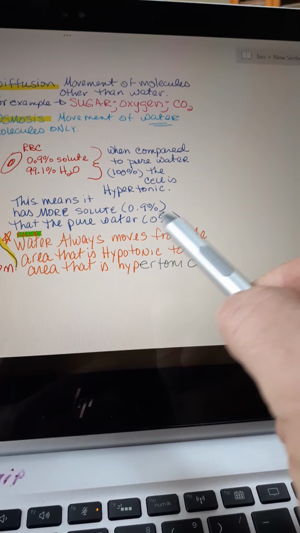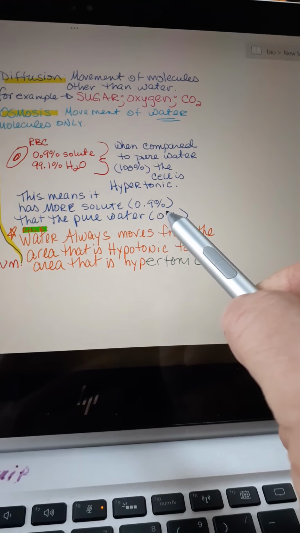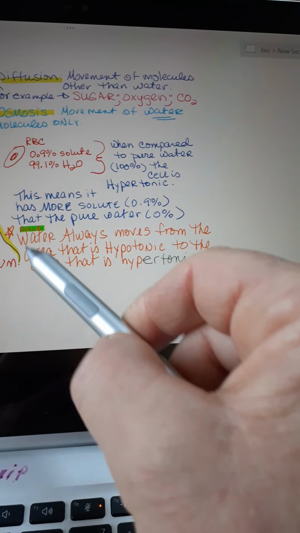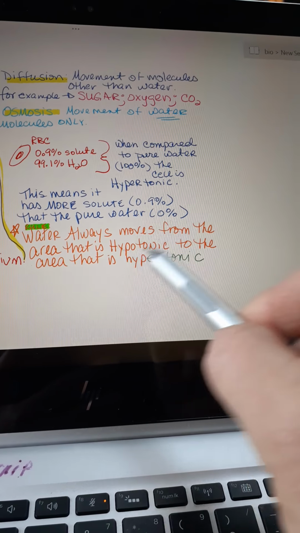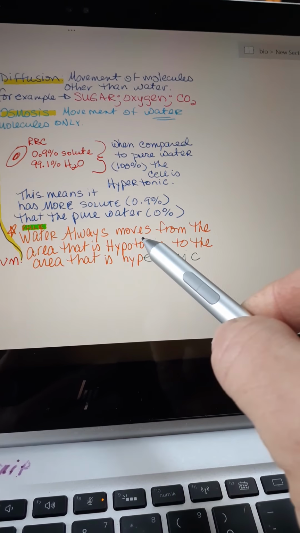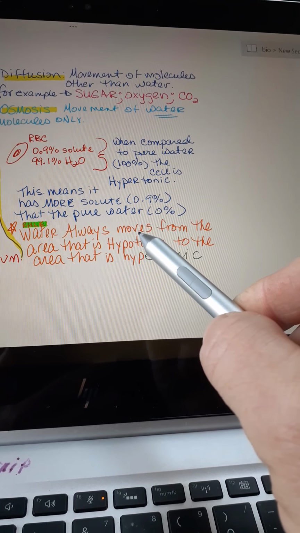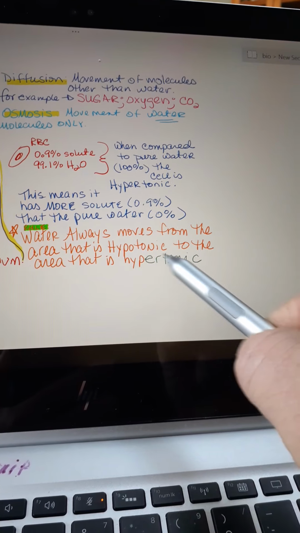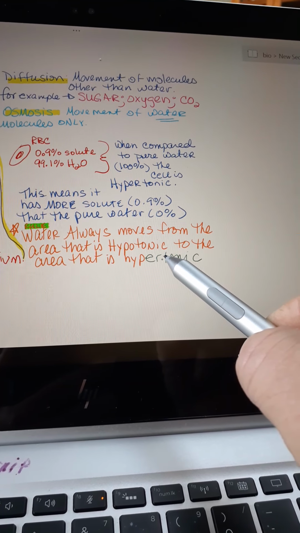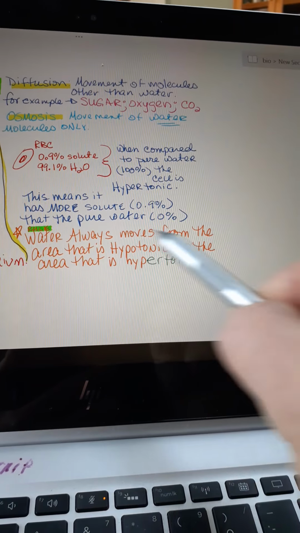Solutes are other dissolved particles in the cell. The rule is that water always moves from an area that's hypotonic, which means it has less solute, more water, to an area that is hypertonic. Hypertonic is more solute. I think this is the trickiest thing.